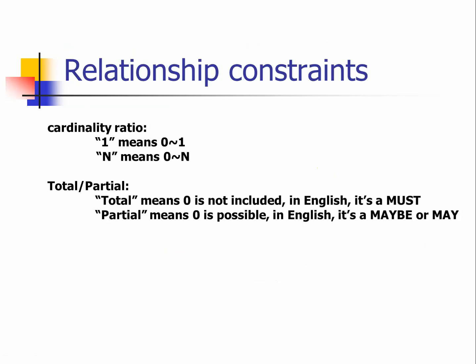To summarize the two constraints, for cardinality ratio we have some choices. There's actually not many choices. It's either a 1 or N only. We talk about the M to N relationship. That means both of the two sides are multiple to multiple. We say M to N instead of N to N simply because N to N gives a hint that the two values have to be the same, which is of course not true.